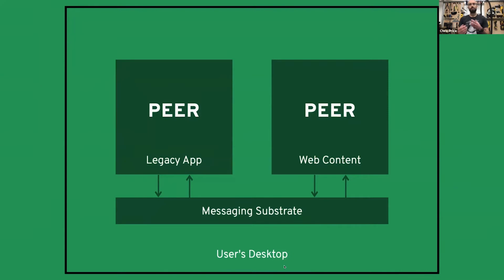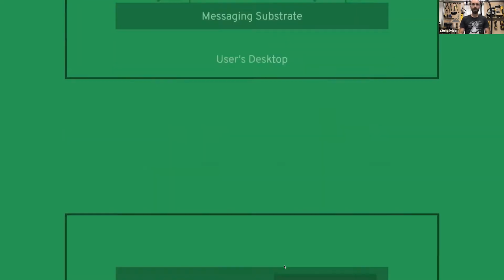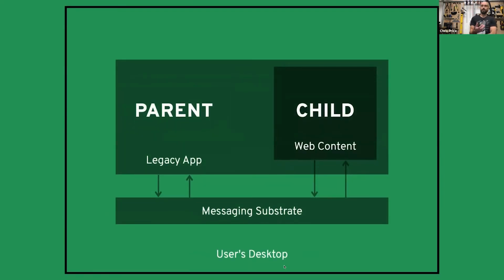I guess my concern with it is how this normally ends up being implemented, or is commonly implemented. And that's this kind of situation. The legacy app's already deployed to the user's desktop, and we have this new web content, and we want the two to talk to each other. And we decide that actually we'll put the web content within a frame in the existing legacy application.